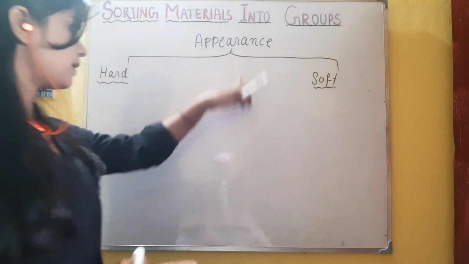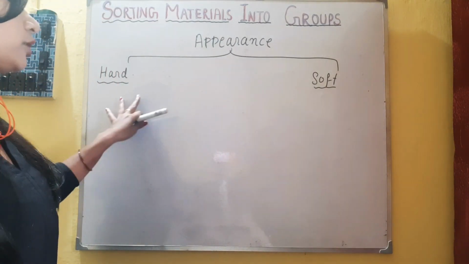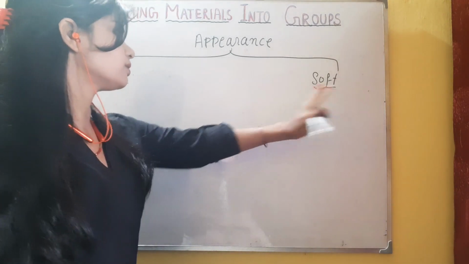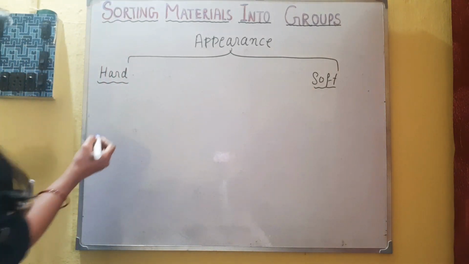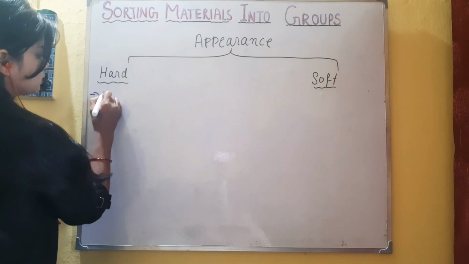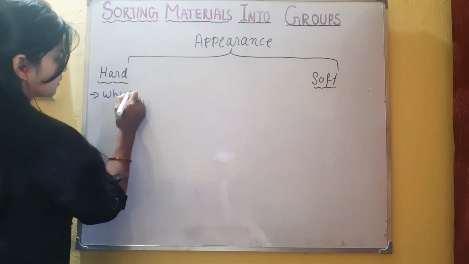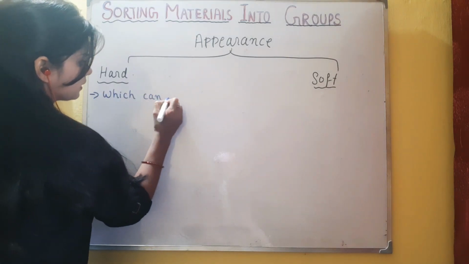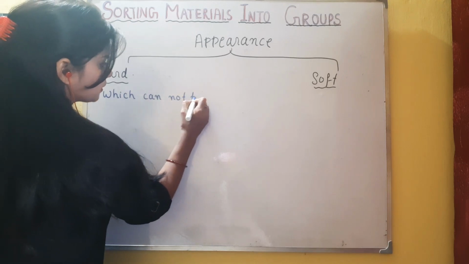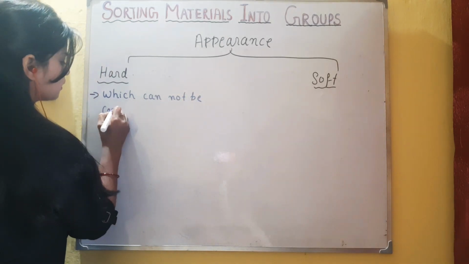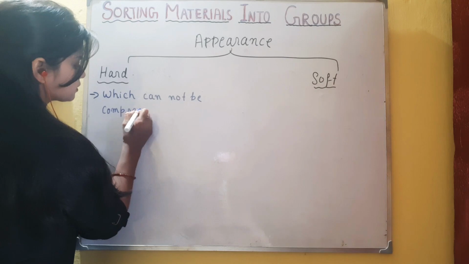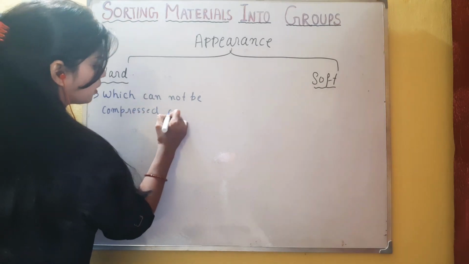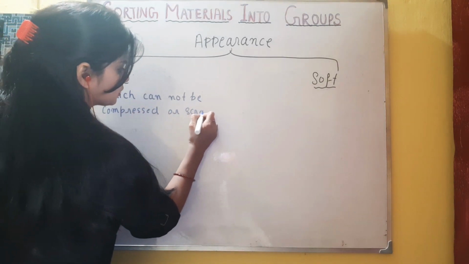On the basis of appearance, we divide materials into two groups, whether it's hard or soft. Hard materials are those materials which cannot be compressed or scratched.